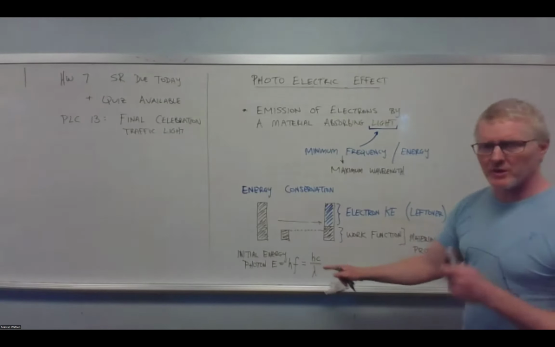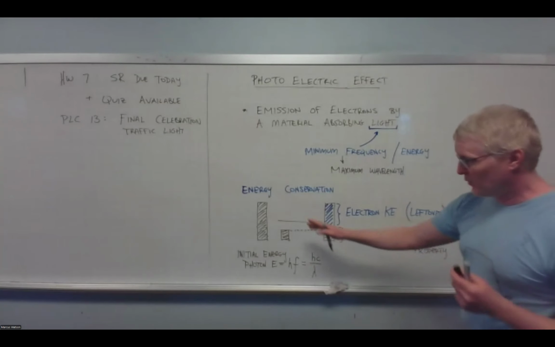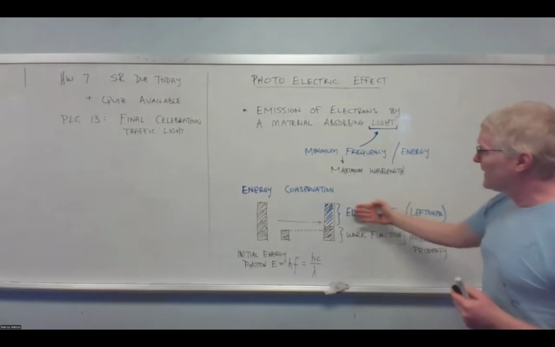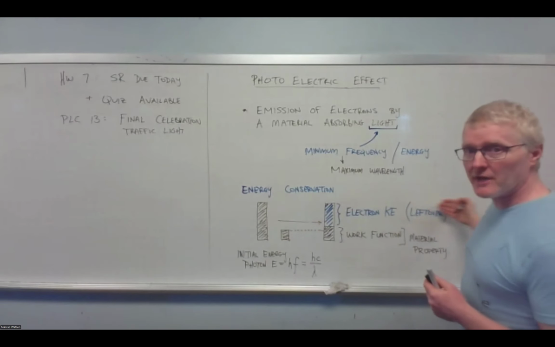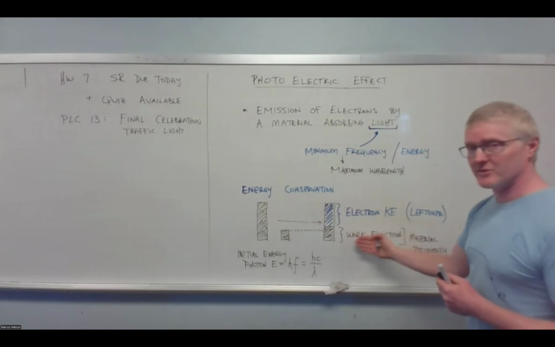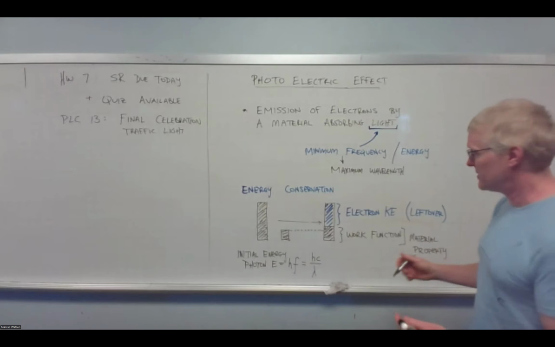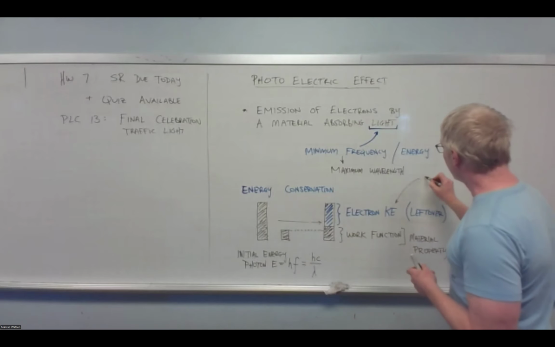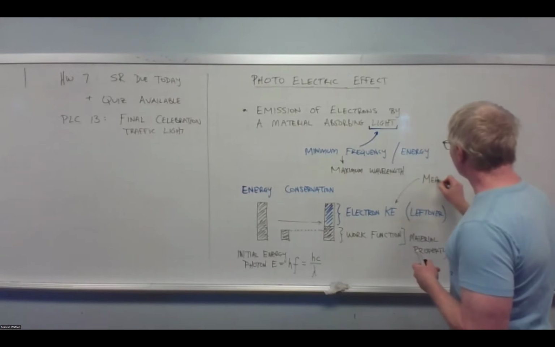And since these two are equivalent, we can imagine that the energy incoming is a known. We can measure the electron kinetic energy on the outgoing side here, and then knowing those two, we deduce this one, and that's just energy conservation. So this is measurable from a stopping voltage.